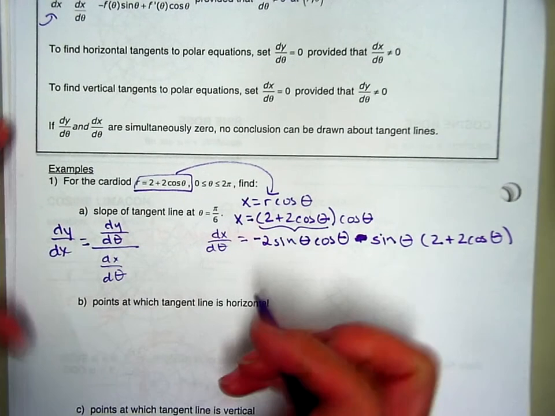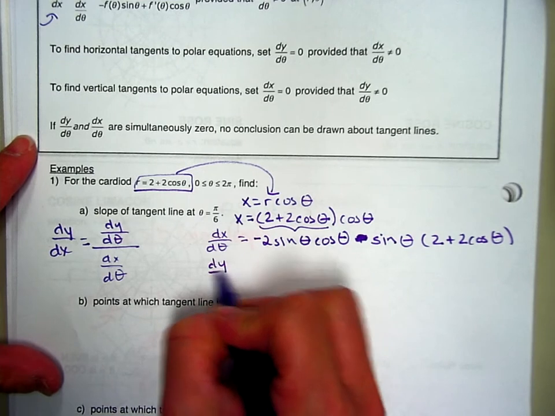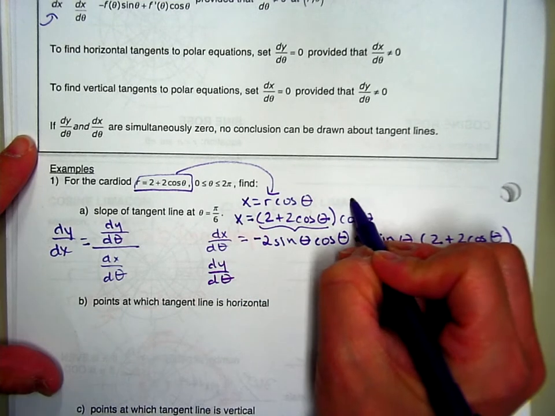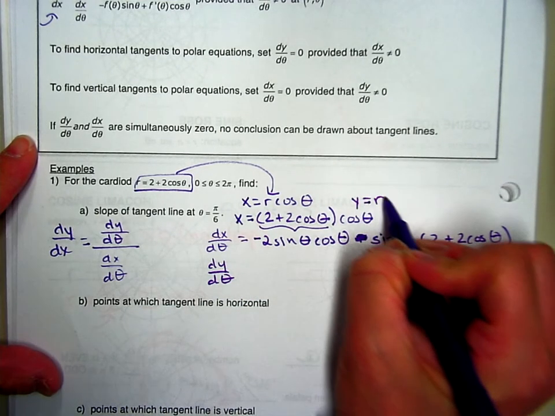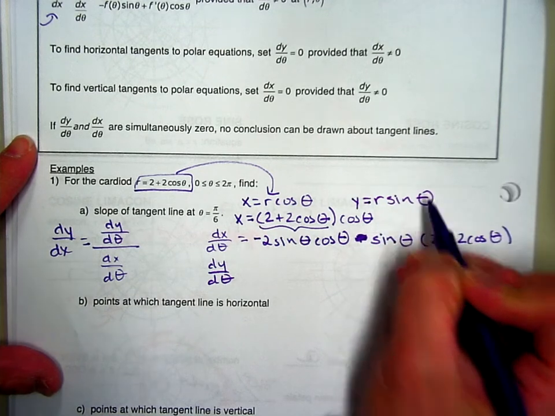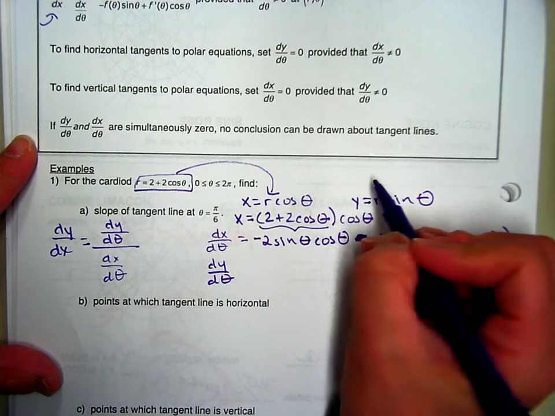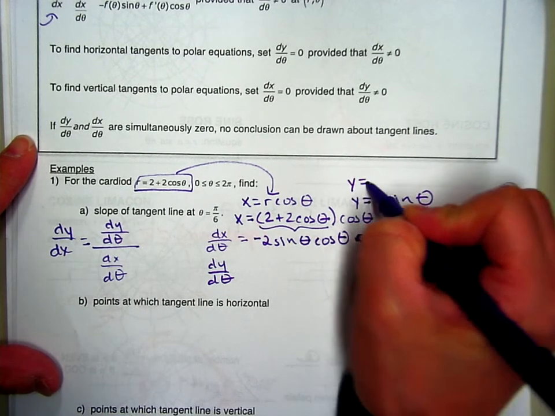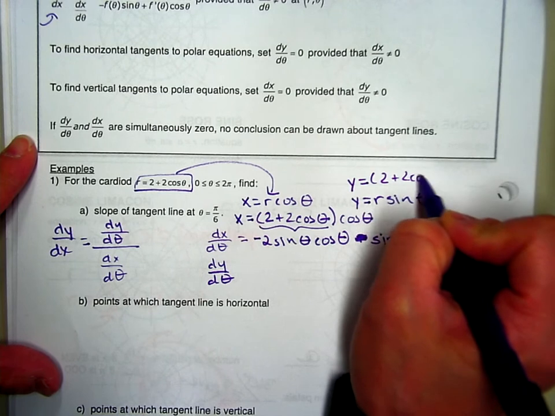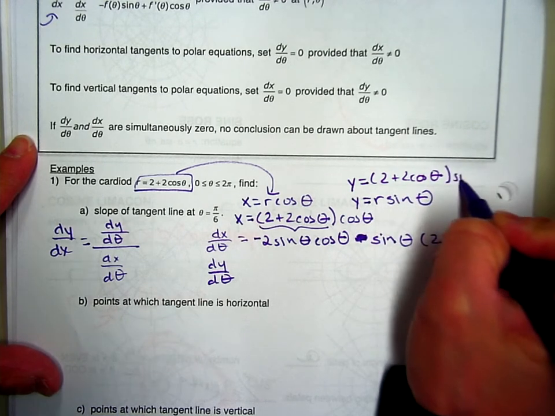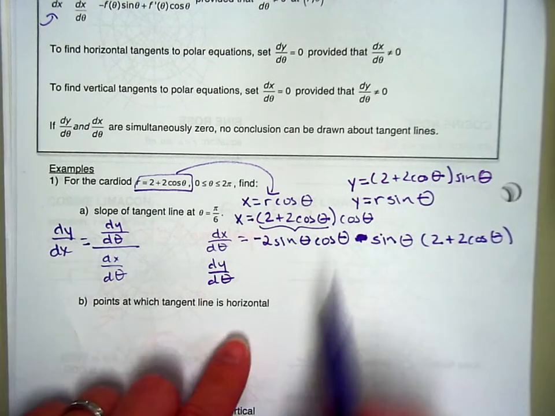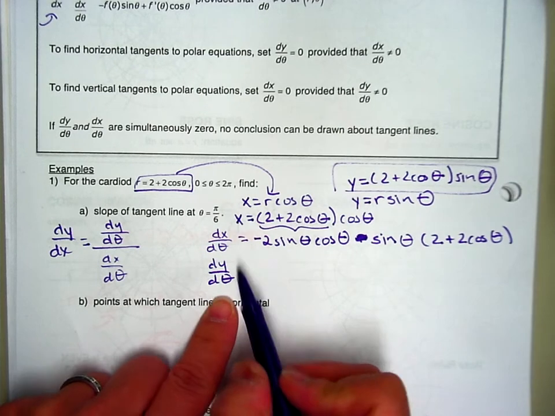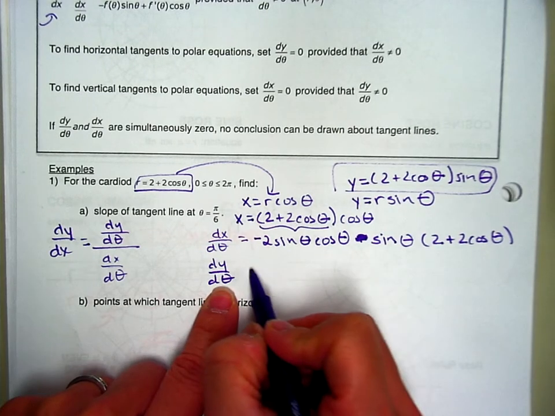dy/d theta, we're going to do the same way. I'm going to use the conversion equation y equals r sine theta. Again, replace that r with 2 plus 2 cosine theta, so y is really 2 plus 2 cosine theta times sine of theta. Using this equation, take the derivative of y with respect to theta.